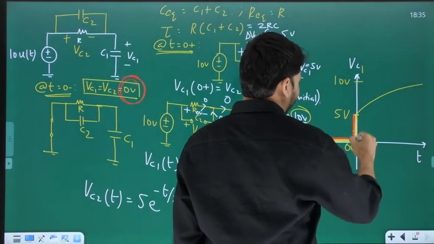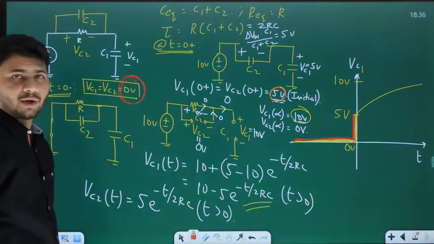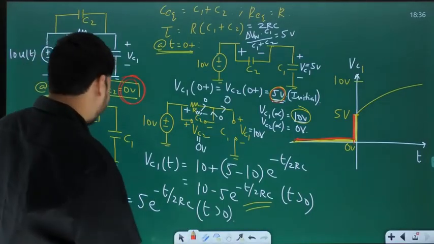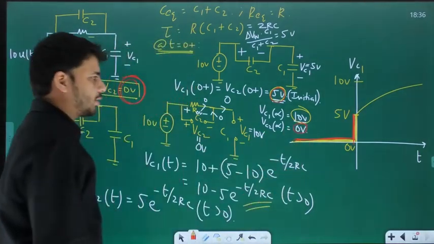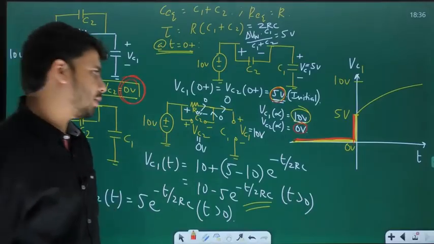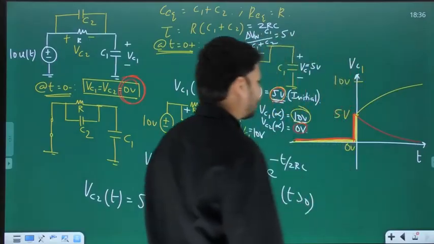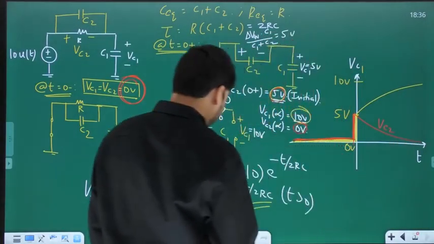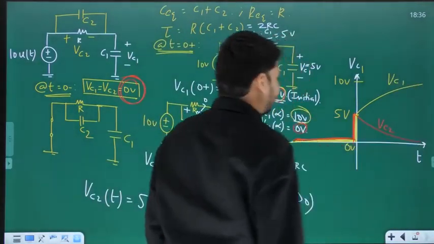And what is the final or steady state value of VC2? It is 0. VC2 of infinity is 0, which means for t greater than 0, it will exponentially decay to 0 from 5 volts. So it does something like this. The red color plot is for VC2, whereas the yellow color plot is for VC1.